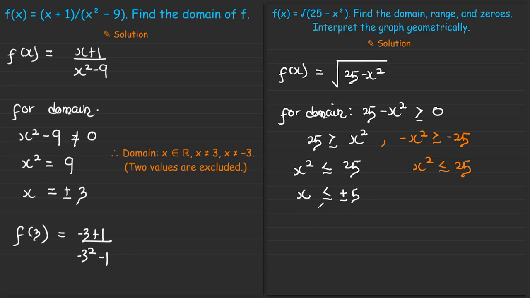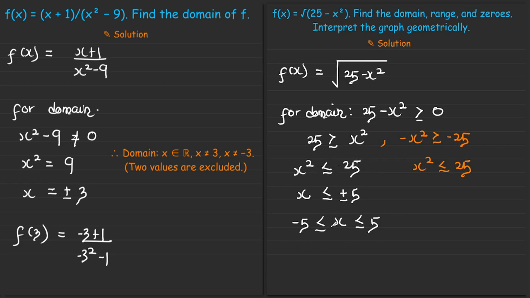So if you want to rewrite this, it is -5 is less than or equal to x is less than or equal to 5.